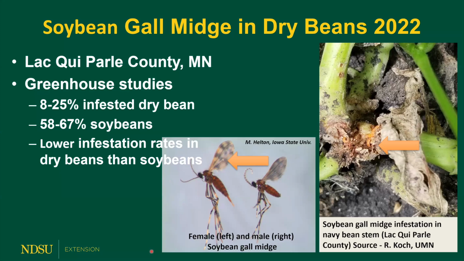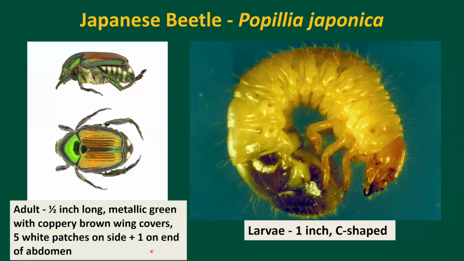But if you're near a soybean field heavily infested with soybean gall midge, your dry bean field may be at risk of infestation. You won't see the adults because they're very small and short-lived. They have two or more generations a year.